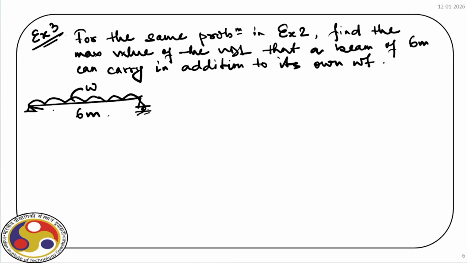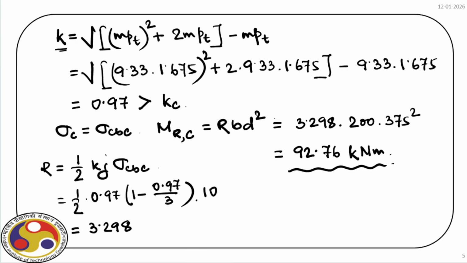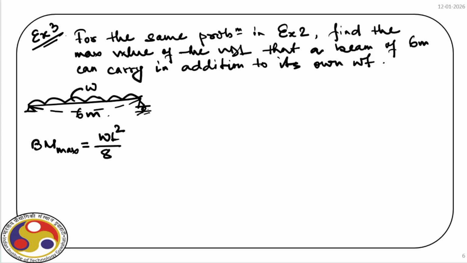Now obviously the maximum bending moment for this deflected profile will be at the center, so BM max is equal to omega L square divided by 8. But the fact is it should also carry its own weight. So let us first find out the combined value of the UDL that it can carry if the sectional capacity is what we have derived already. So this is 92.76 kilonewton meter, right?